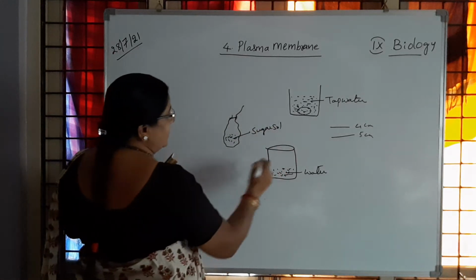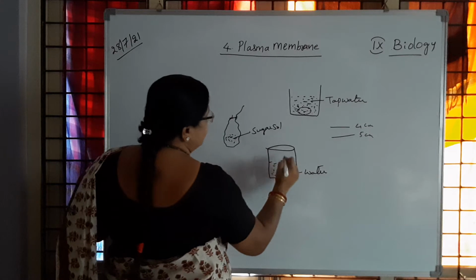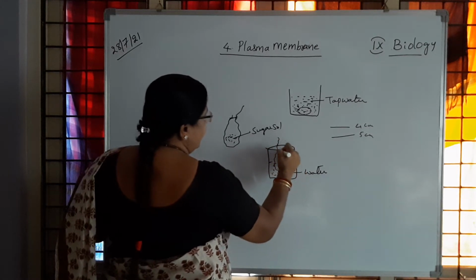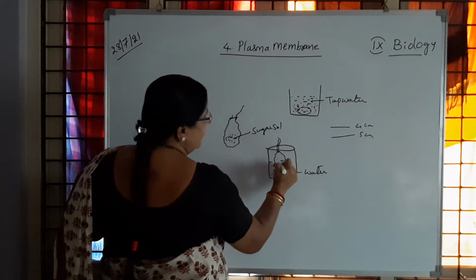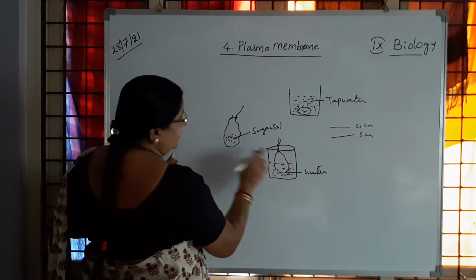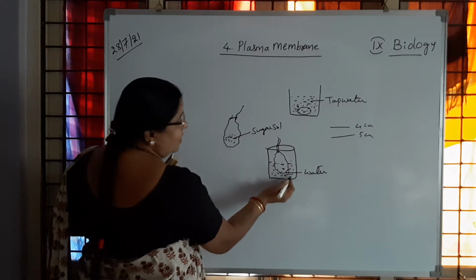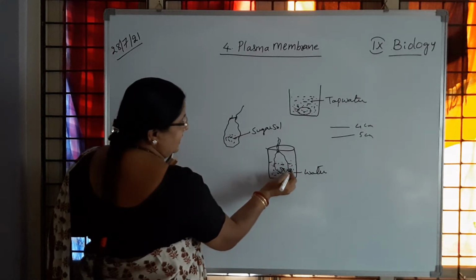Sugar solution we have taken. Now we keep this membrane, which is tied and has water inside, in the sugar solution. So what will be your observation? The water from the beaker will enter inside.